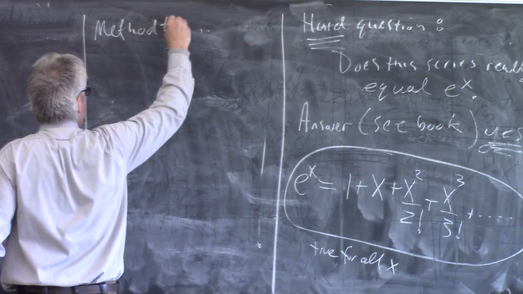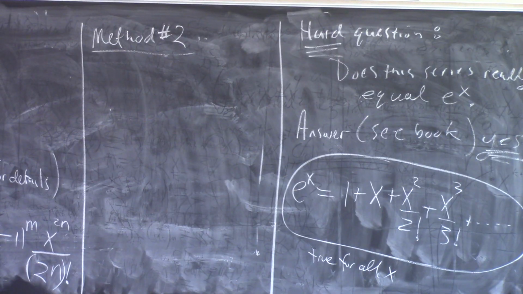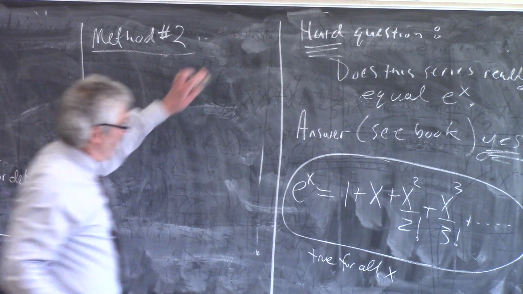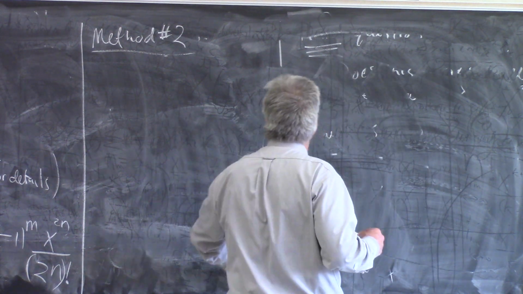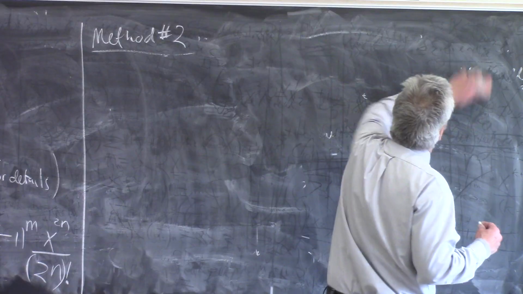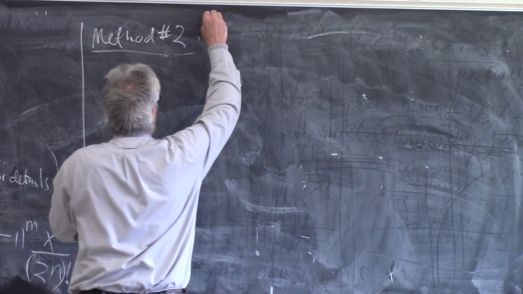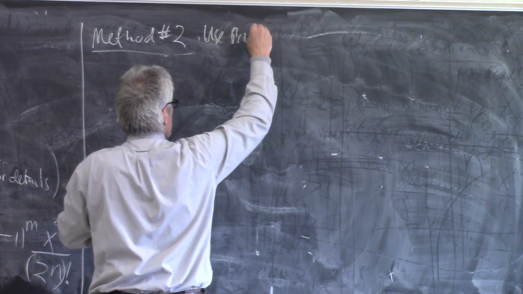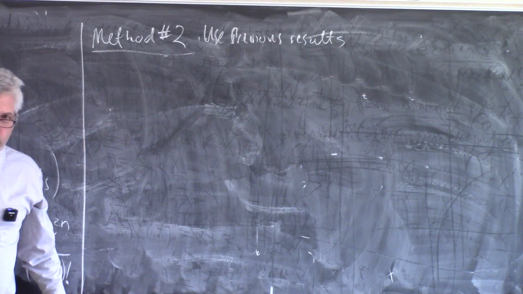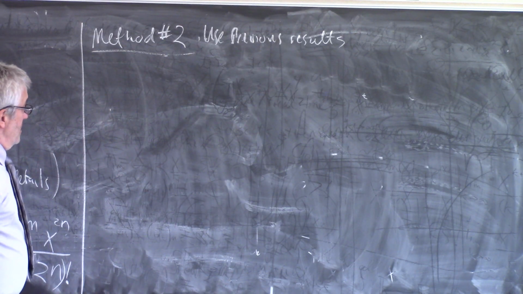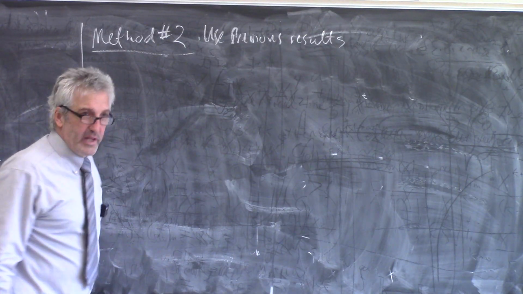Can anybody think of what another method would be? Raise your hand. What's another way of building the Maclaurin series for cos x? Well, use previous results. Well, we've only got 2 previous results.